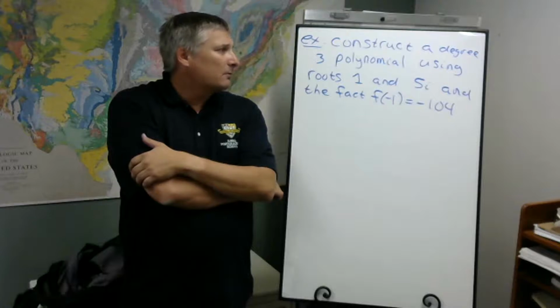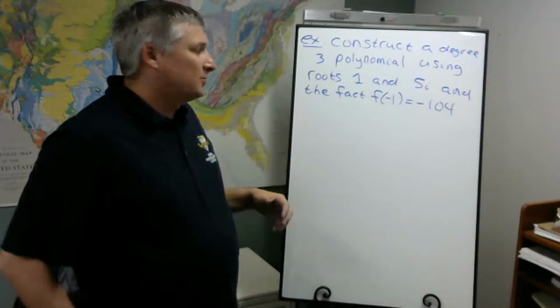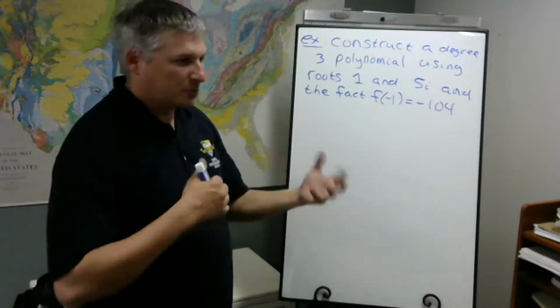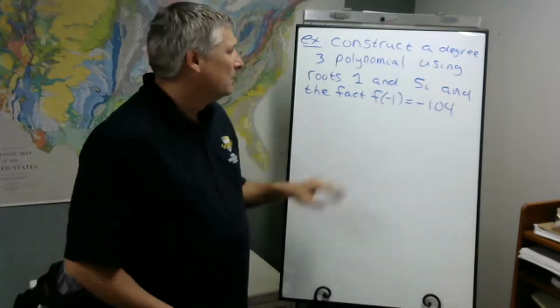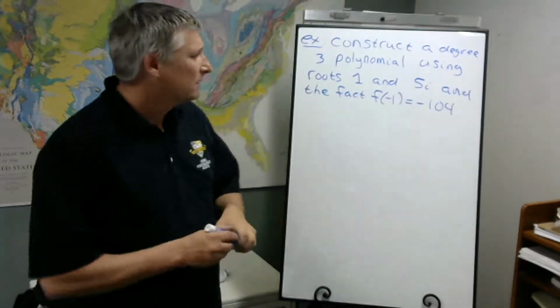Well, we have a degree 3, so that means we need 3 factors. So that means we need 3 roots, whether those roots are repeated or not. We only have 2 roots given, so what can we do?